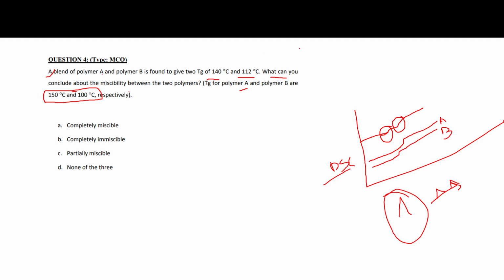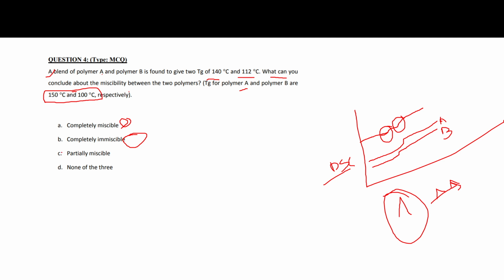And if their Tg is slightly different after blending, that suggests they are miscible a little bit but not completely. So if they are completely miscible, we get only a single Tg. If they are completely immiscible, we get the Tg of their own, like 150 and 100.